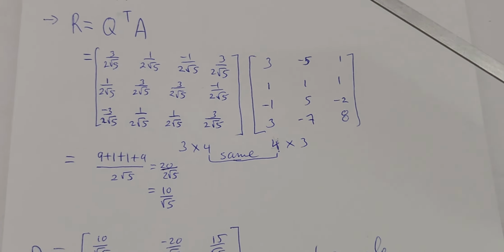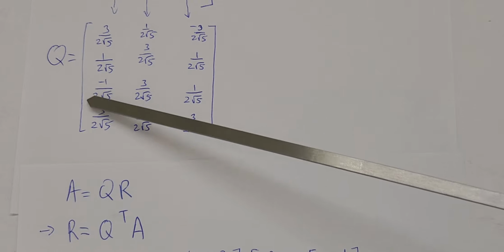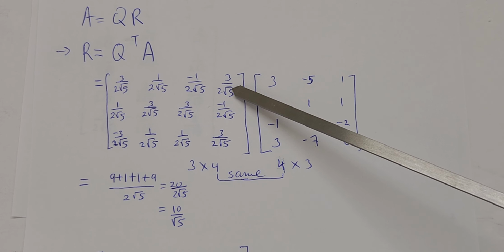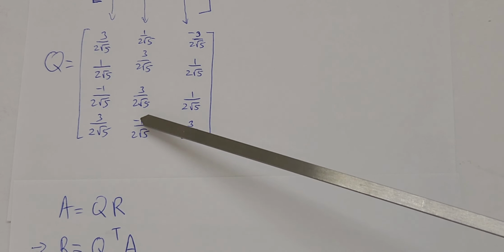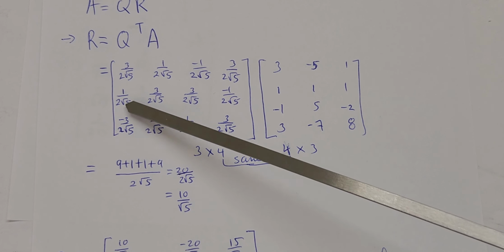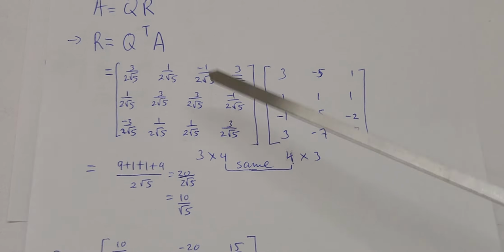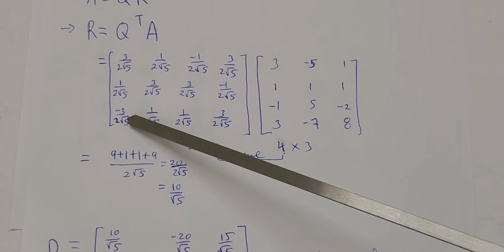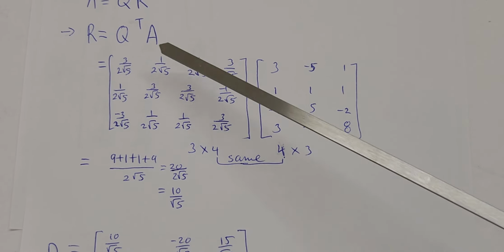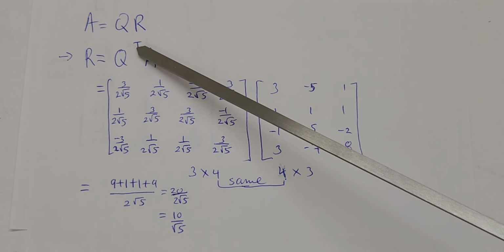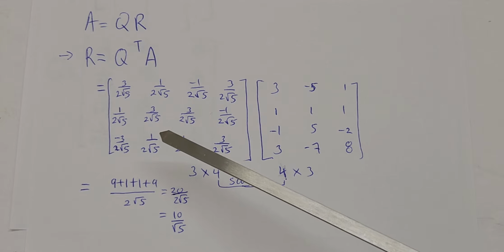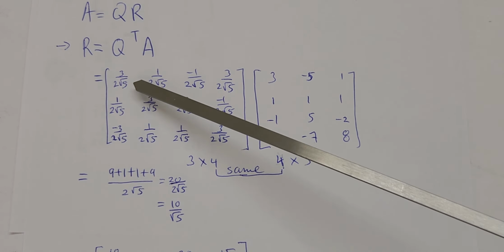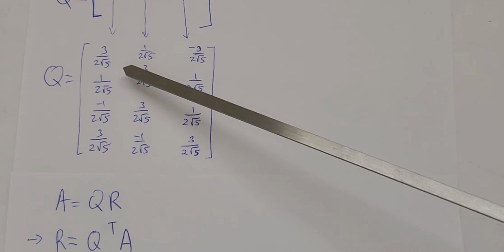One more time, you're taking column 1 and writing it as row 1, column 2 as row 2, column 3 as row 3. Again, T stands for transpose, and all it does is rewrite columns into rows.